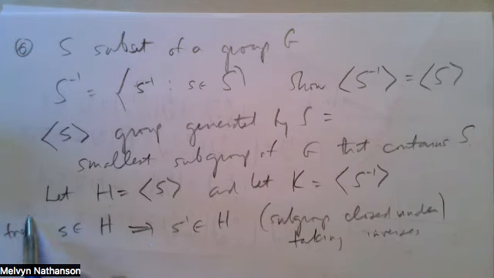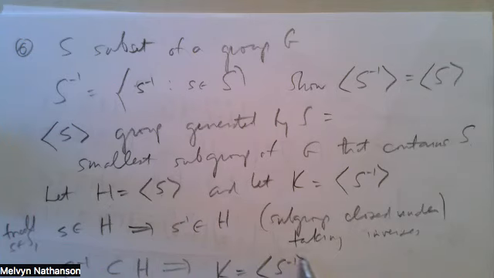And this is true for all s in S. So the set S inverse is contained in H. So H is a subgroup that contains S inverse, and the subgroup K generated by S inverse is the smallest subgroup that contains S inverse, so it's contained in H. Because H is a subgroup that contains S inverse. So H contains the smallest subgroup that contains S inverse.